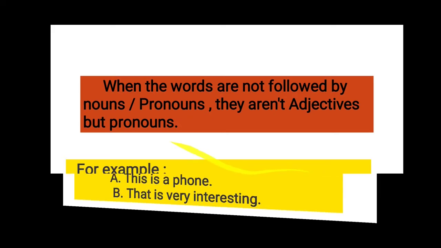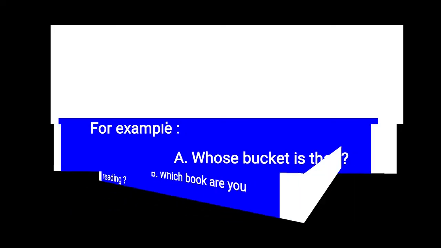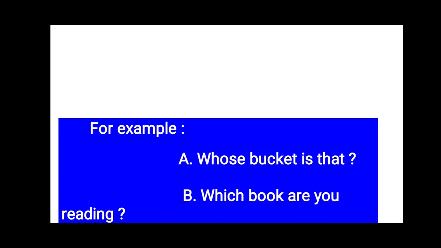Now let me proceed to the next and the last adjectives. And student, here let me give you the examples. Number A is, whose bucket is this? And number B is, which book are you reading? Here you can see the question words.